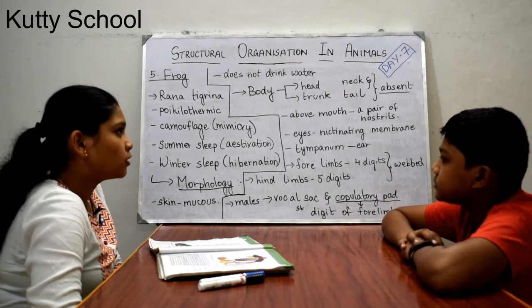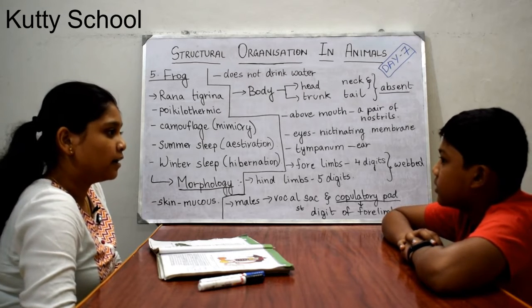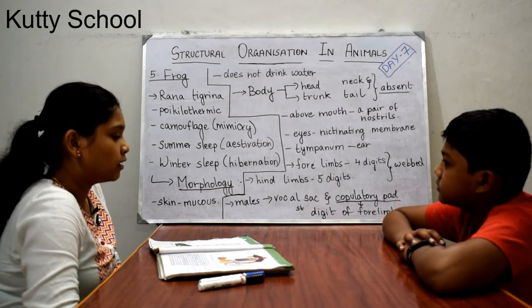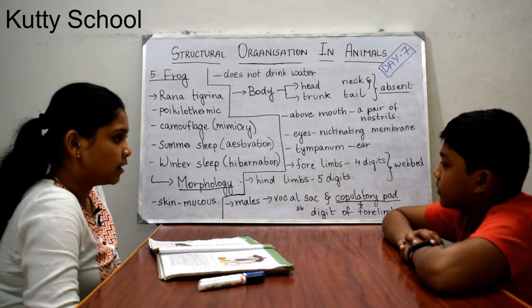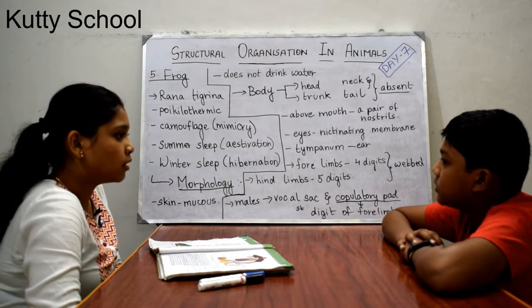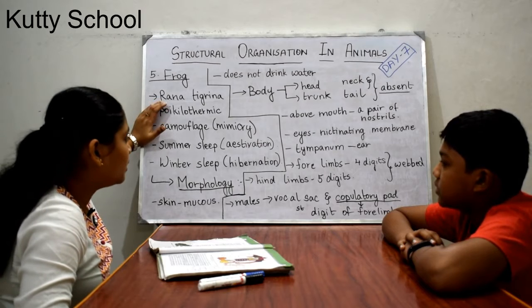These frogs have an olive green color at the back, the dorsal side, and a yellow color at the front, the ventral side. Rana tigrina is a common Indian frog.